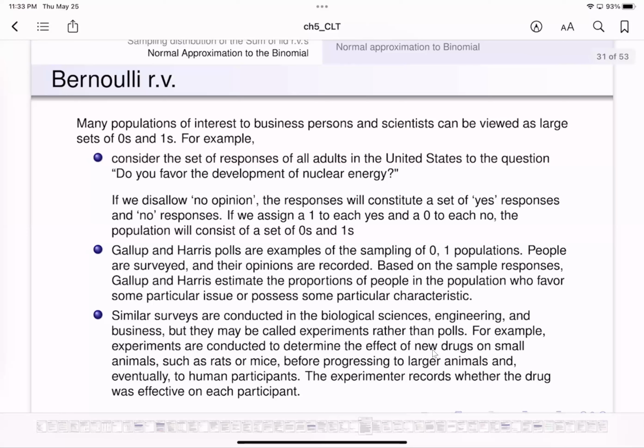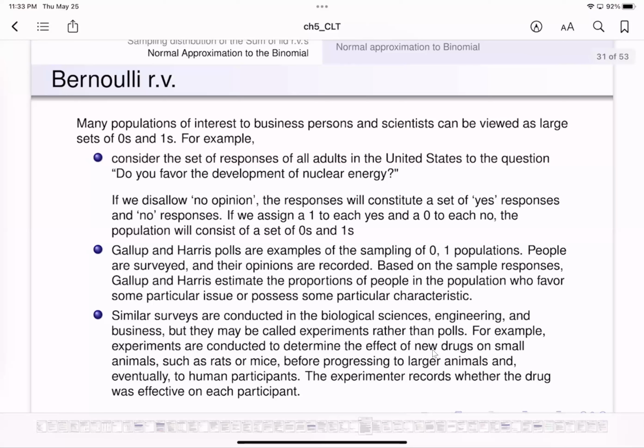Similar surveys are conducted in biological sciences, engineering, and business, but they might be called experiments rather than polls. For example, experiments are conducted to determine the effect of new drugs on small animals, such as rats or mice, before proceeding to the larger animals, and eventually applying to humans.